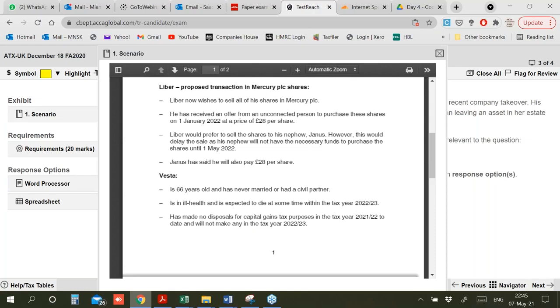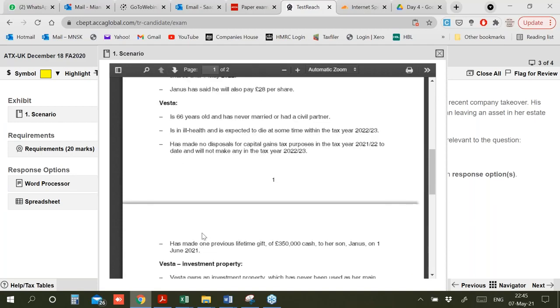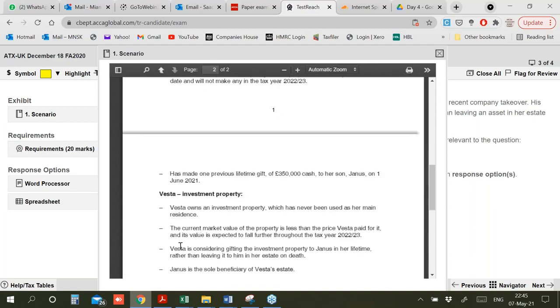She has made no disposals for capital gains tax purposes in the tax year to date and will not make any in the tax year 22-23. Okay, that's fine. She has made one previous lifetime gift of £350 cash to her son on 1st June 2020. So she has made the gift this year. However, because it is a PET, it would not have used her nil rate band.